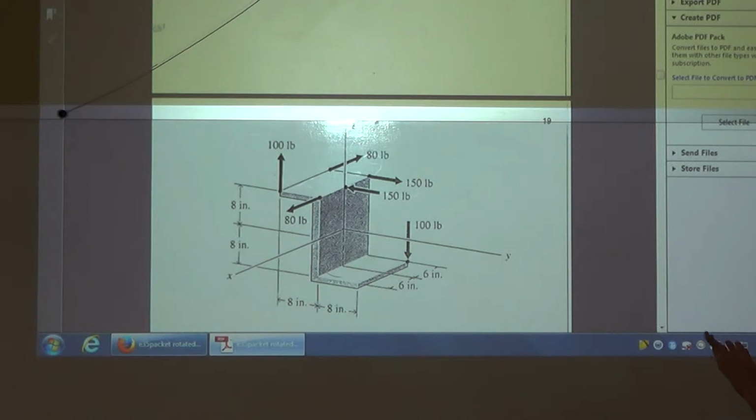Could you try to break this up into, remember the, left side, right side.